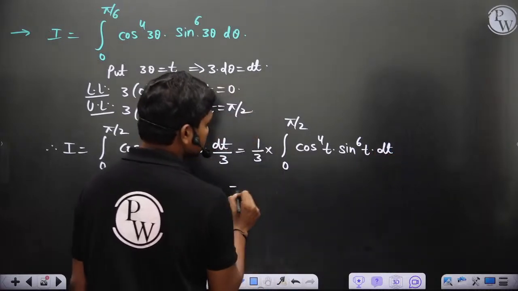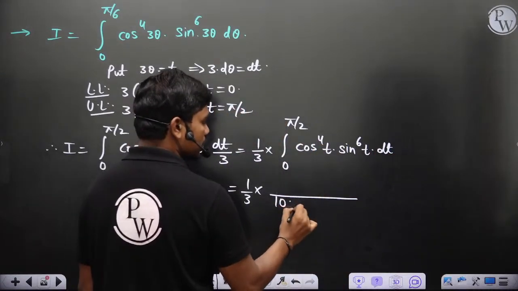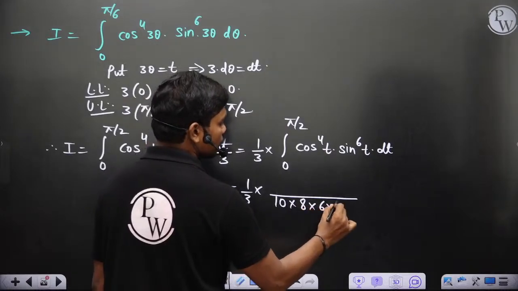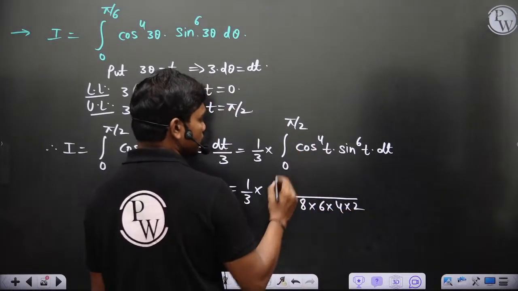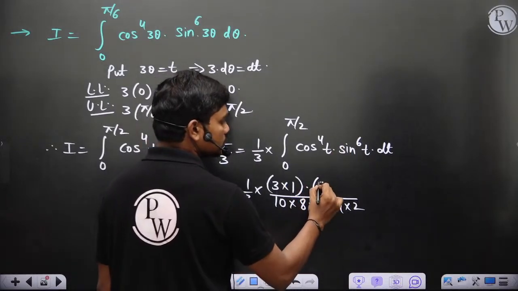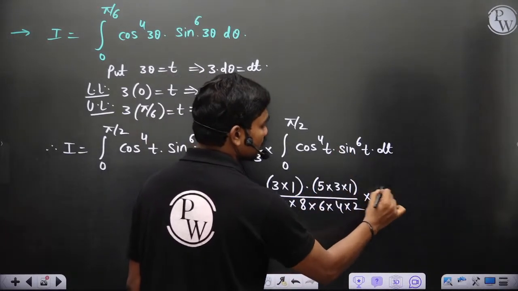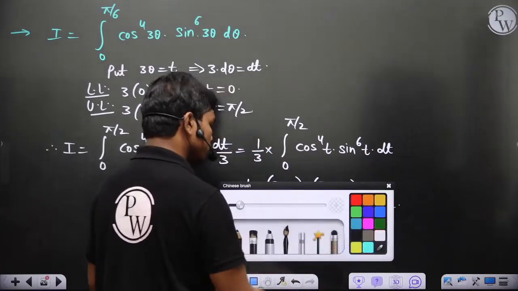So if you integrate this, 4 plus 6 is 10, then 8, 6, 4, 2 in the denominator; for the cos part 3, 1, and the sin part starts with 5, 3, 1. Both are even, so k is pi by 2. If both are even, k is pi by 2.